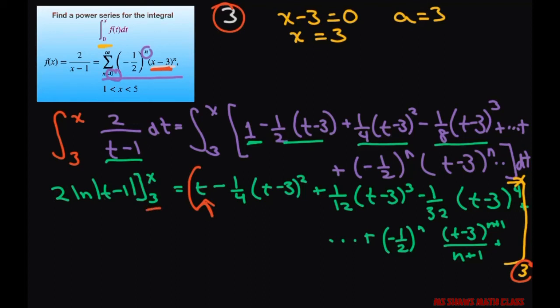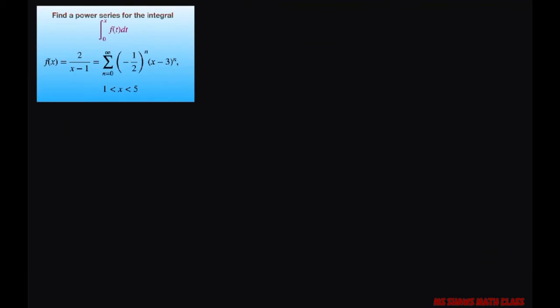All right. So we're going to get 2 ln of absolute value of x minus 1 minus 2 ln of 2, because you had a 3 here, so 3 minus 1 is 2. All right, so that was that part. Now the other side's going to be x.